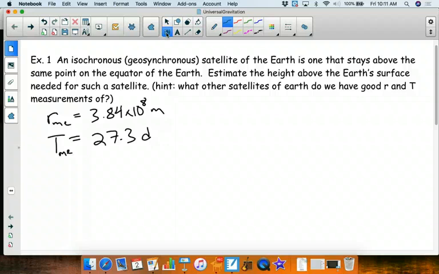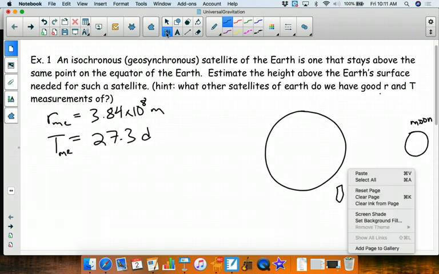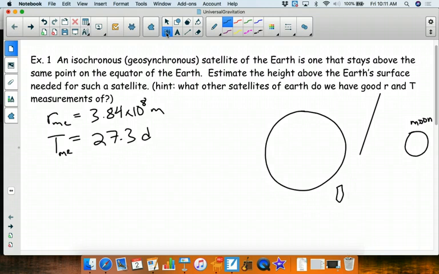So what's the question asking? What's the height above the Earth's surface? So you can imagine here's your Earth, and this is the moon, and here's our satellite.